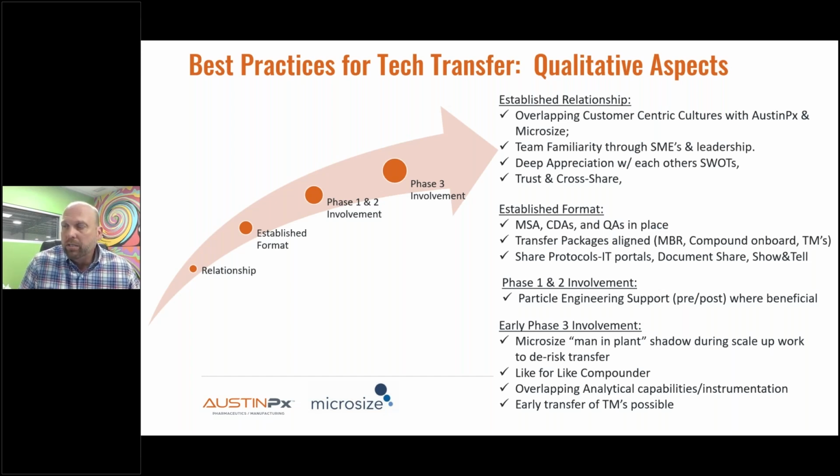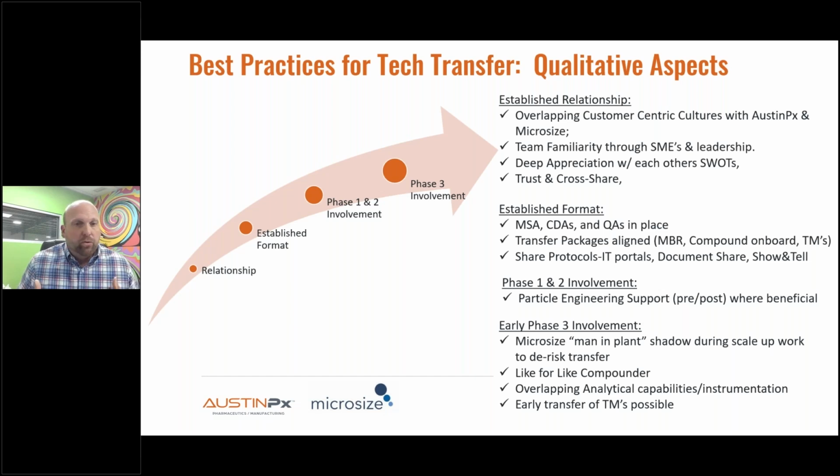The share protocols are also present in terms of how we share those documents, and creating a collaborative space IT-wise to do that, creating a secure transfer of compounder data that comes from the compounder directly transmitting to Austin so they can assess every run, every batch.